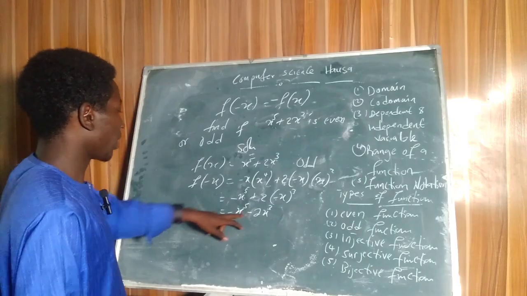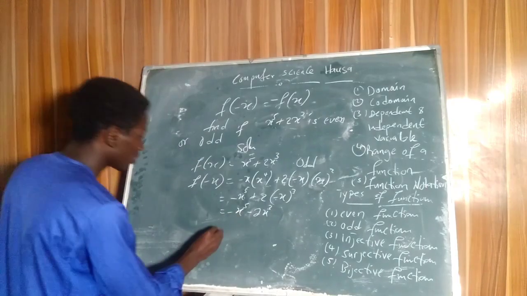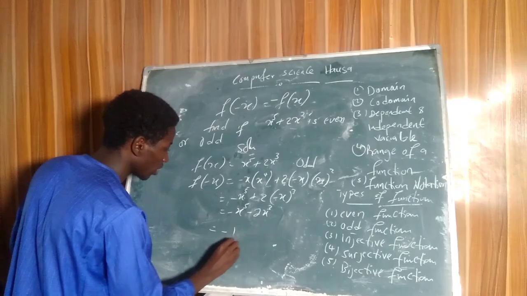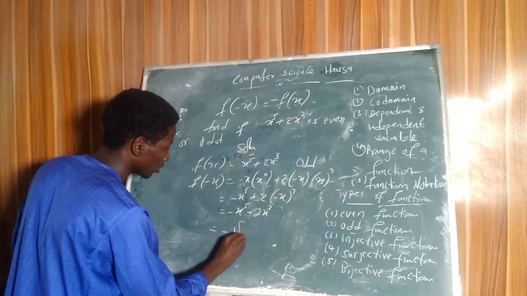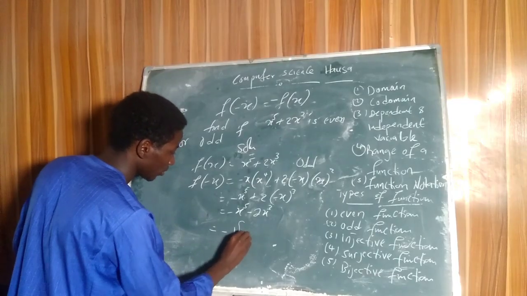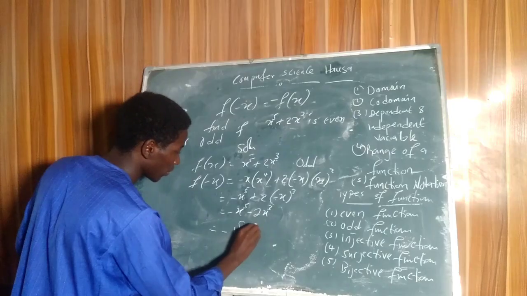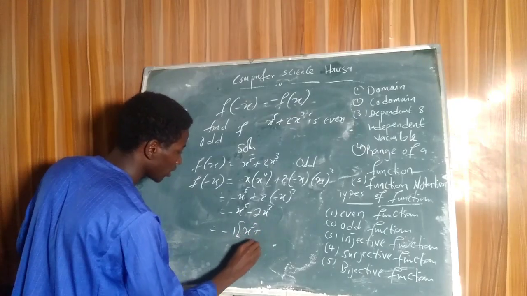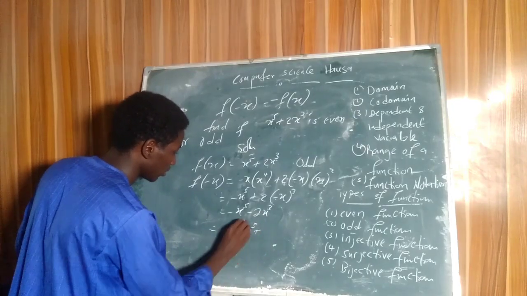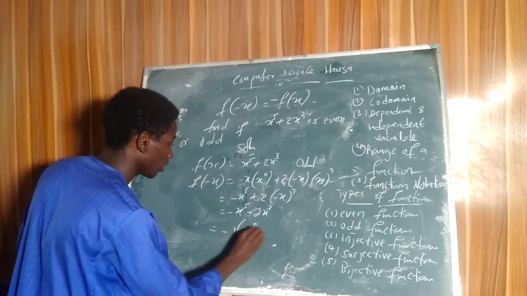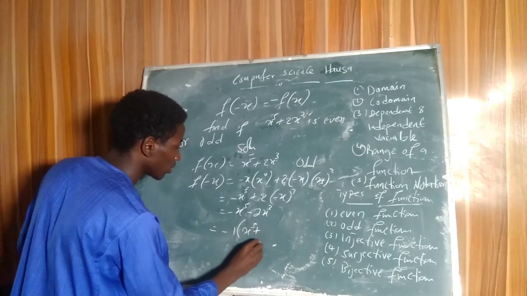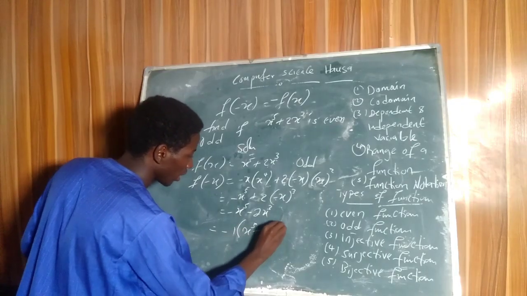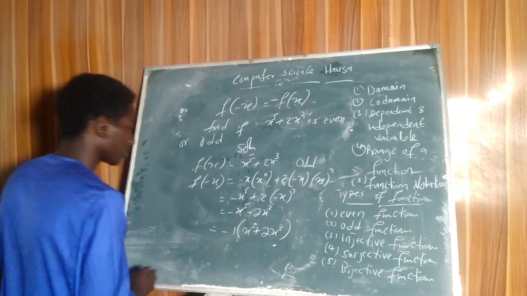So we have minus, we can factorize the minus out, minus 1 whole thing into x to the fifth plus 2x to the third, right?